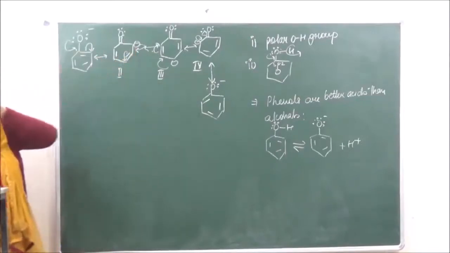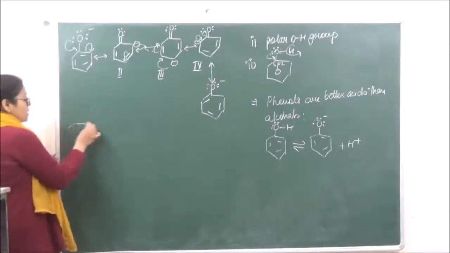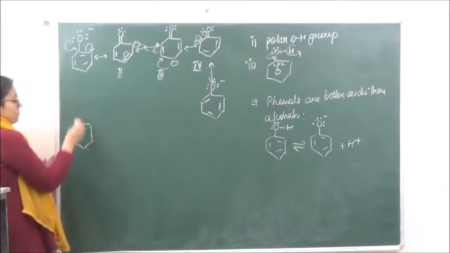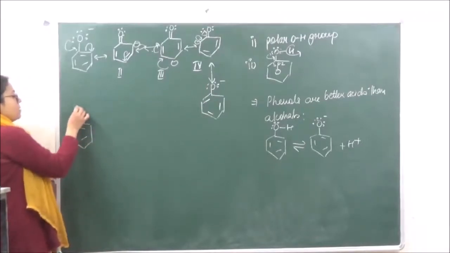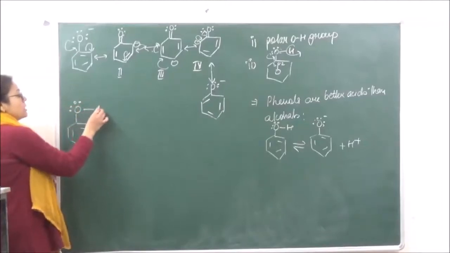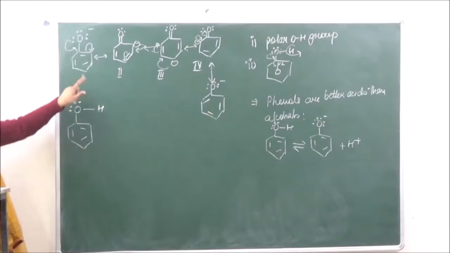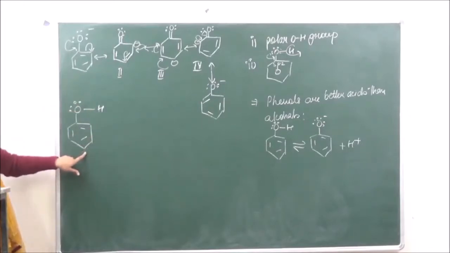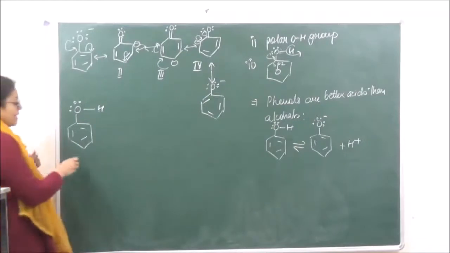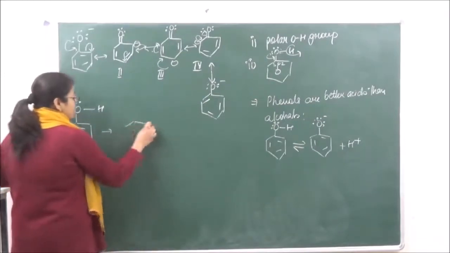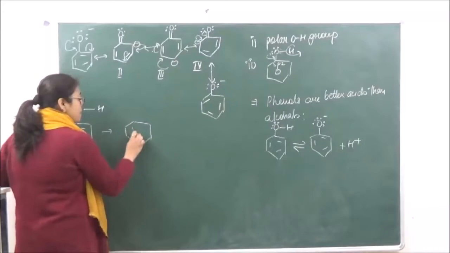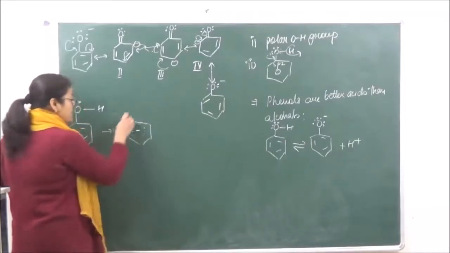Right? If you're looking at the resonating structures of phenol, this we've done for the phenoxide ion. In a similar manner, we can also draw resonating structures for phenol. Okay, so when we draw phenol, in a similar manner, the negative charge will come at the ortho and the para position. So what are electron withdrawing groups going to do? If there are electron withdrawing groups, the negative charge is dispersed in the benzene ring.